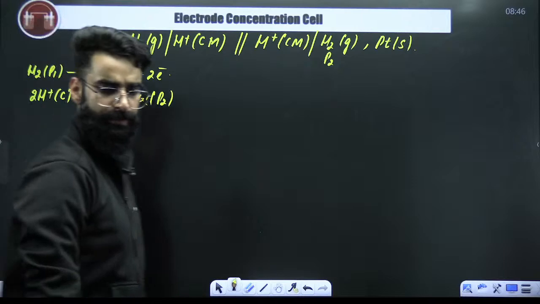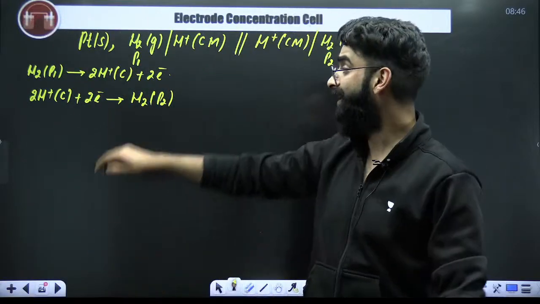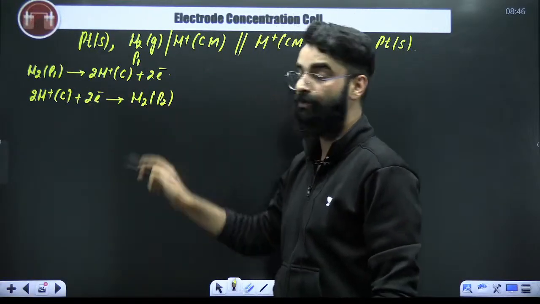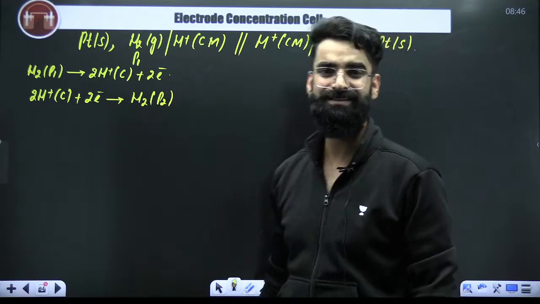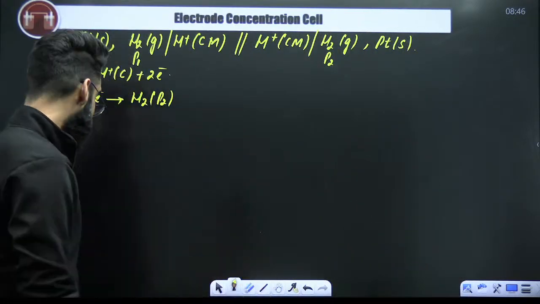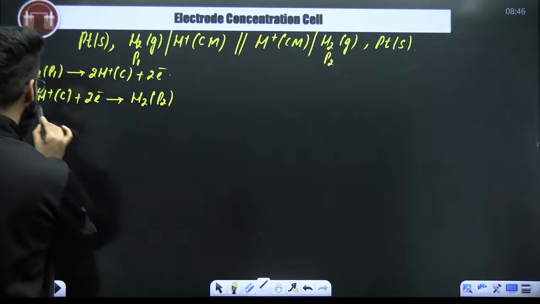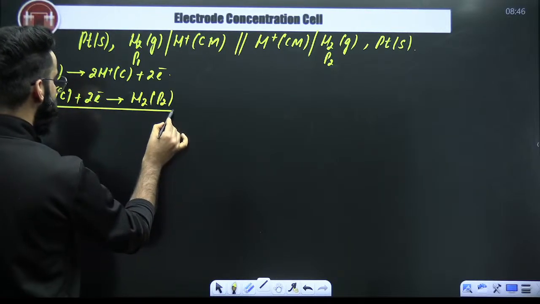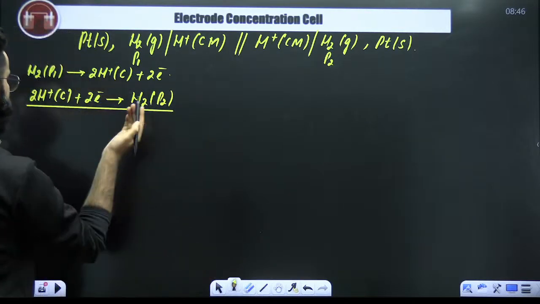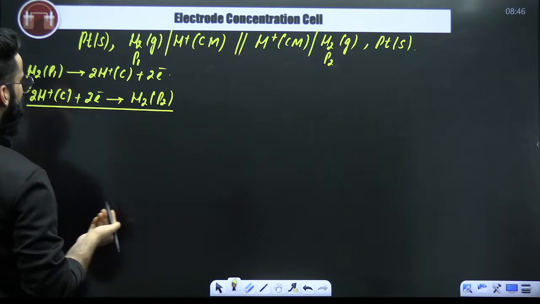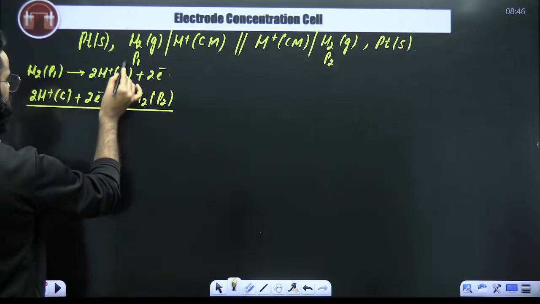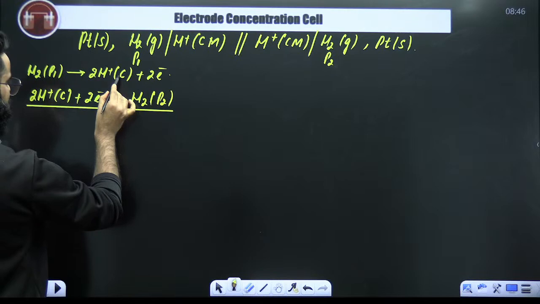Right? So you wrote the reaction which has to happen at anode and cathode. Now, are the electrons balanced? The electrons are balanced in both. My dear students, if electrons are balanced, you can directly add these two reactions. And when you add these two reactions, what is the net reaction? Which all terms will be cancelled out? 2H positive cancel because their concentration is same, right?